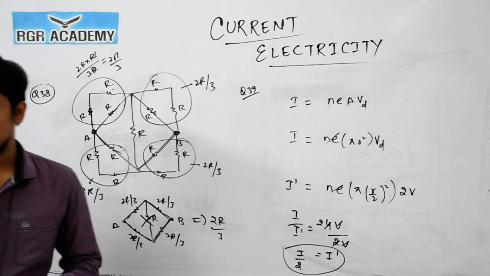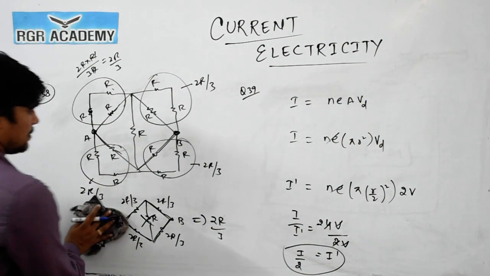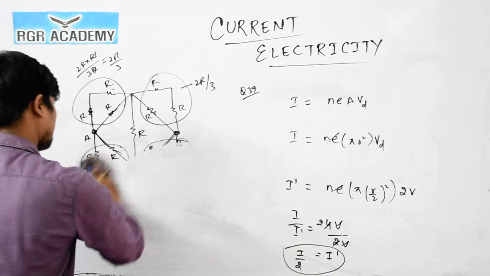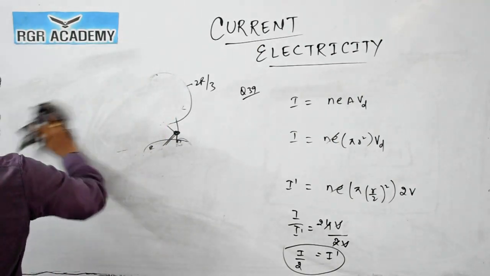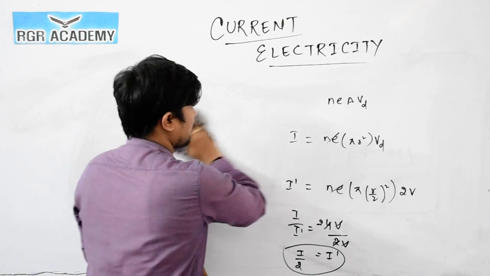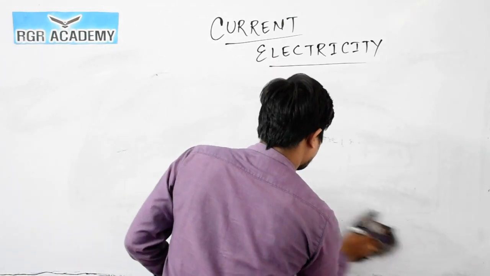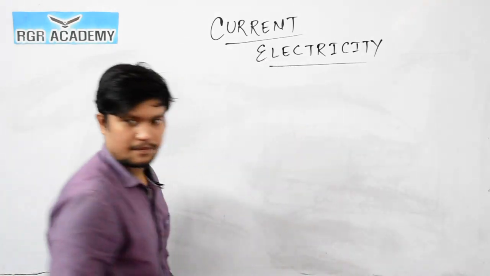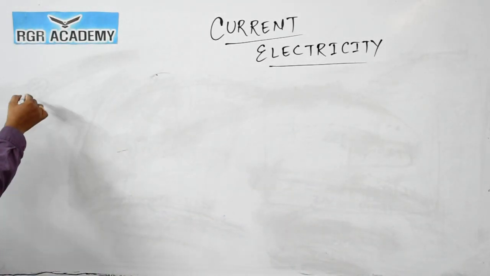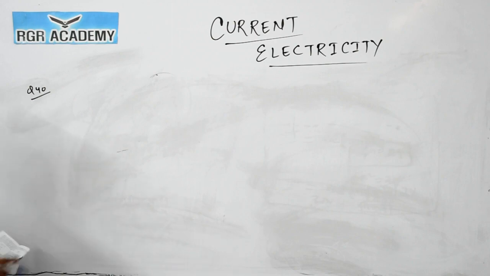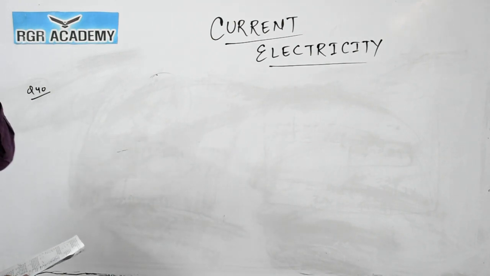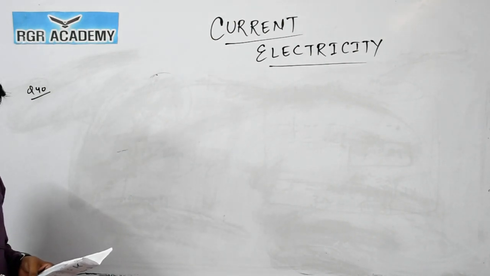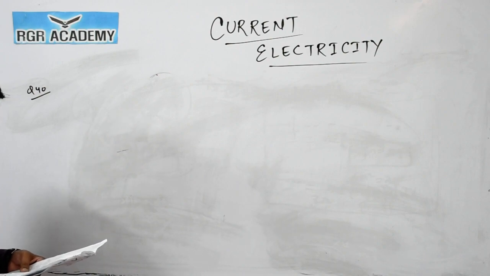Now question number 40. A galvanometer of resistance 25 ohm gives a full scale deflection of 10 milliamperes.